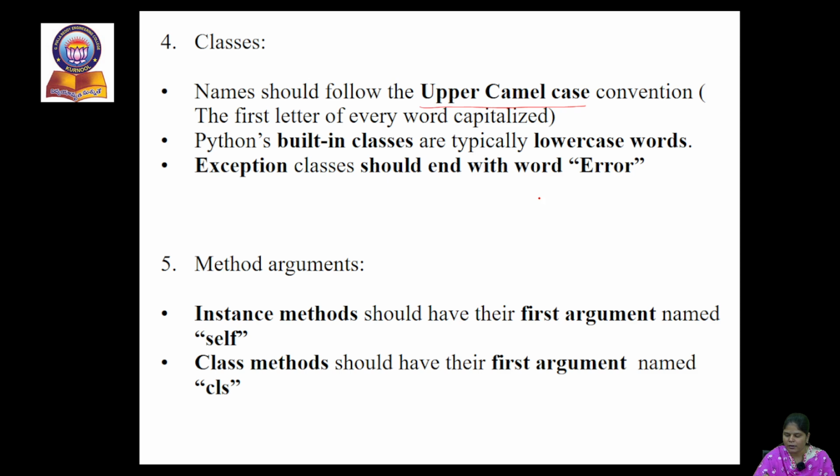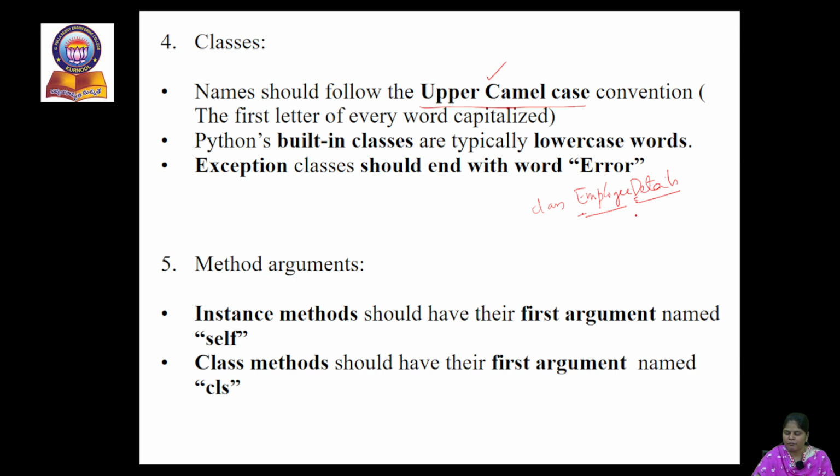Like if I have a class name as class EmployeeDetails, right? This is one word and this is another word. The first letter of each word should be capital case. This we call the upper camel case convention.